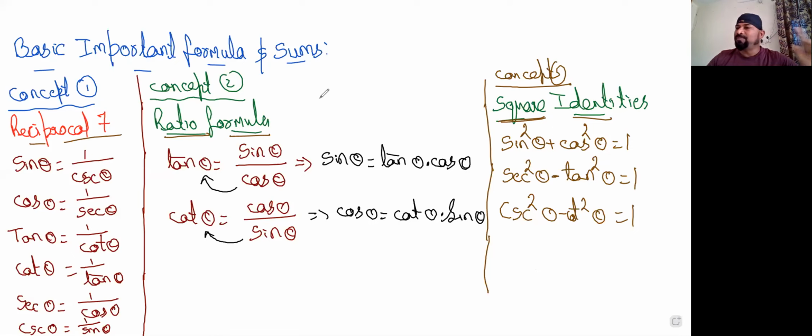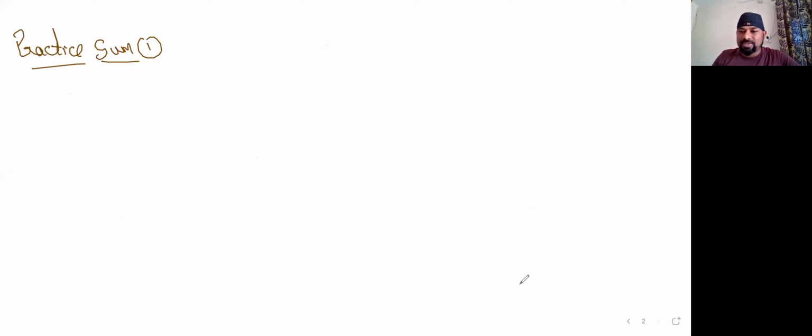So to explain better, I'm coming up with some sums. Let us go on with practice sum 1. The first practice sum I am doing. I'm coming up with a question.